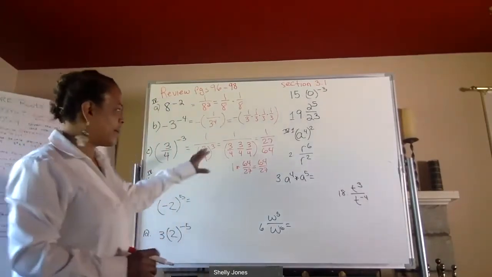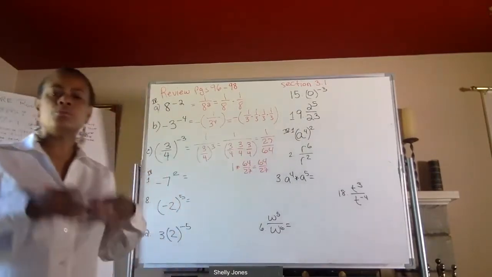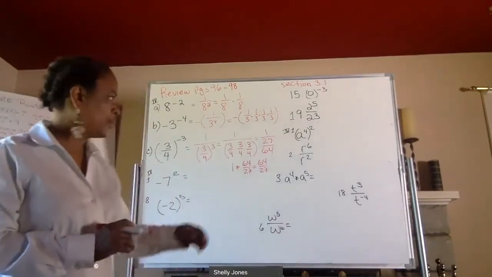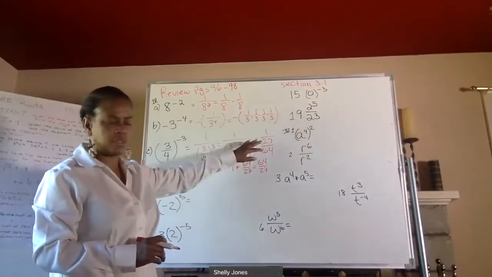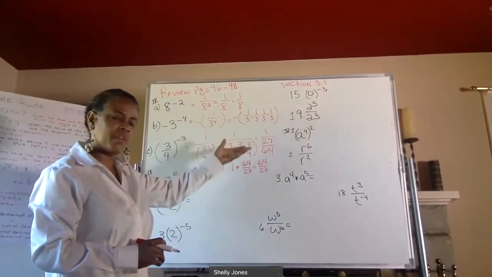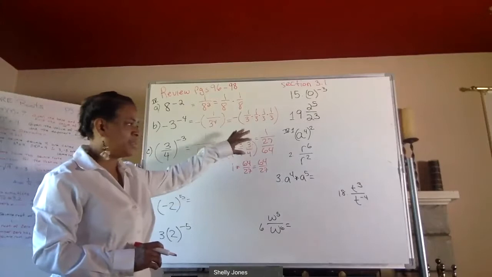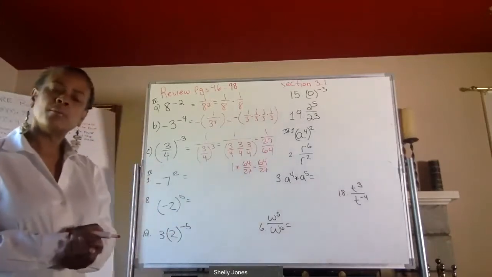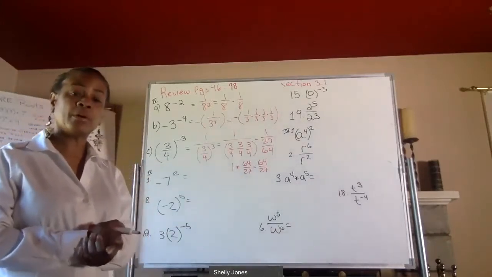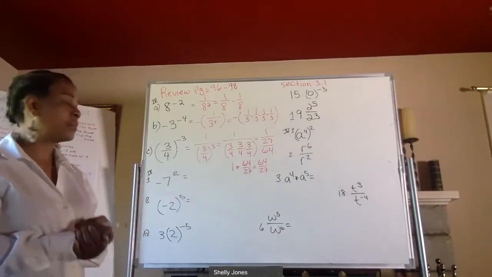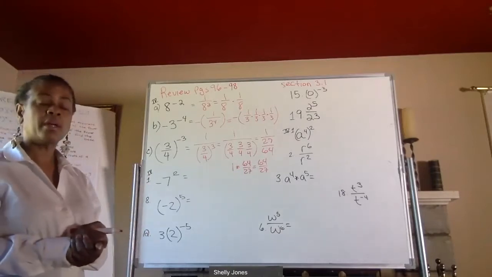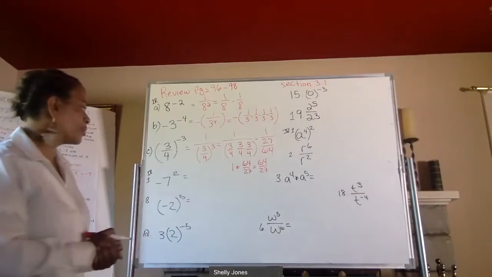Okay, so in this case, I wanted to do the whole problem out so you can see if I have 1 over this fraction, I want to get rid of that fraction in the denominator and multiply by the reciprocal. So 1 times the reciprocal of 27 over 64 is 1 times 64 over 27.